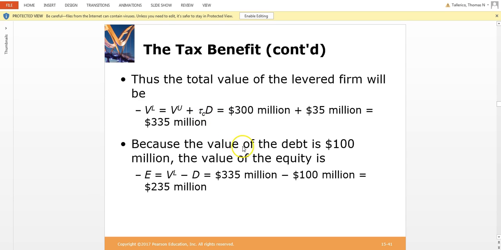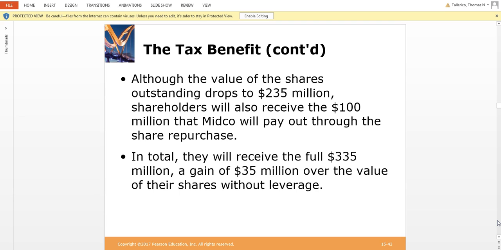All right, so because the value of this debt is 100 million, I simply subtract off the debt, and my equity value is $235 million. So the value of the shares drops to 235 million, and shareholders also received 100 million that was going to be paid out through the share repurchase.